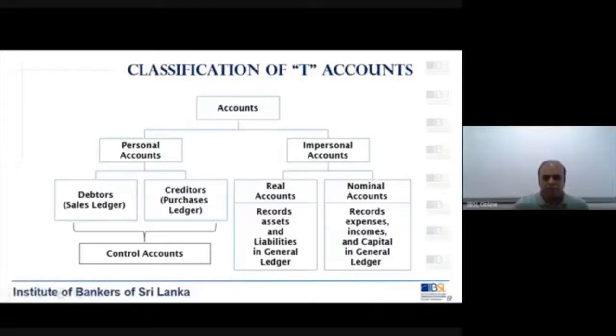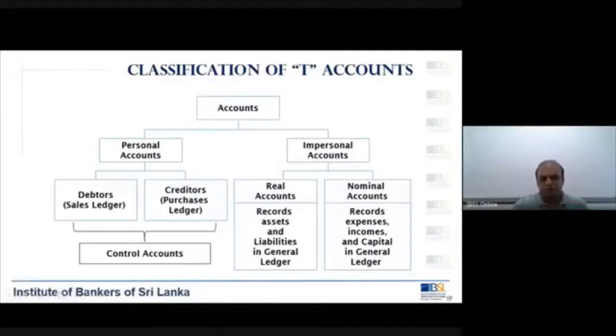You may have thousands of accounts relating to the assets and liabilities of the business. Similarly, there will be nominal accounts which all relate to your income, expenses, and also your equity component, other equity components.